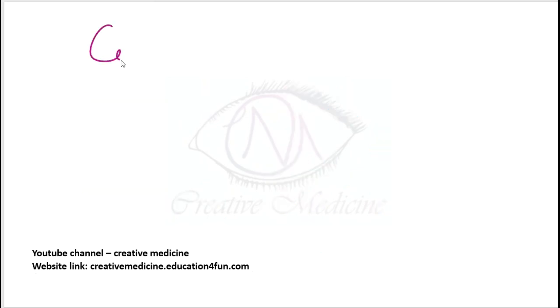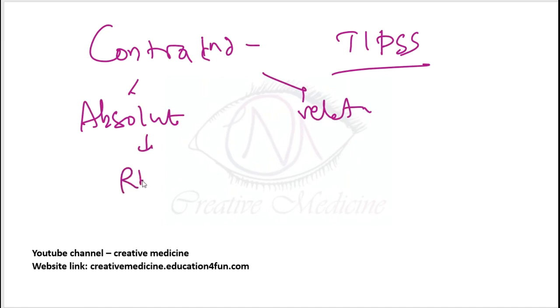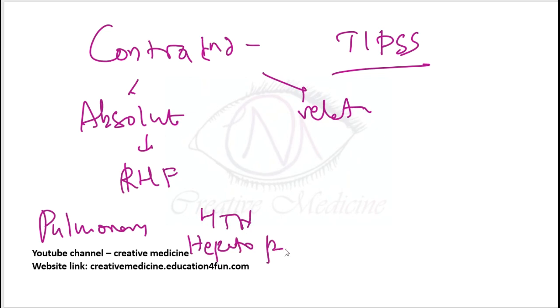Then what about the contraindications of TIPS? There are absolute contraindications and relative contraindications. The absolute contraindications are right heart failure, pulmonary hypertension, and hepatopulmonary syndrome.